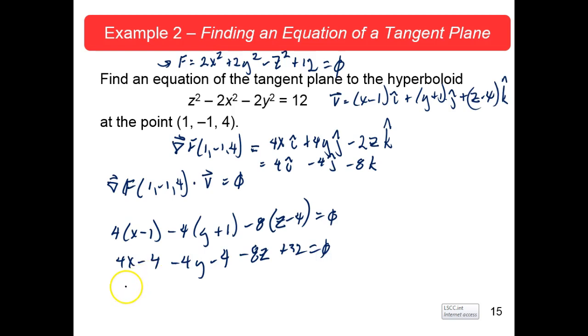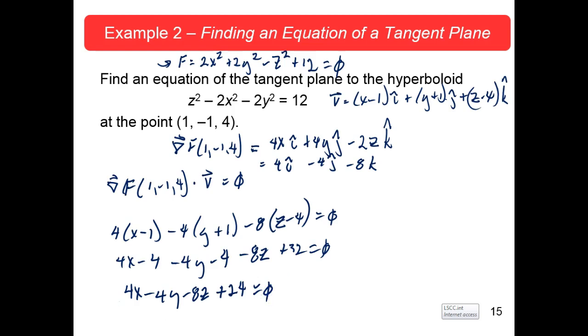Combining things, we get 4x minus 4y minus 8z plus 28, no, 24 is equal to 0.